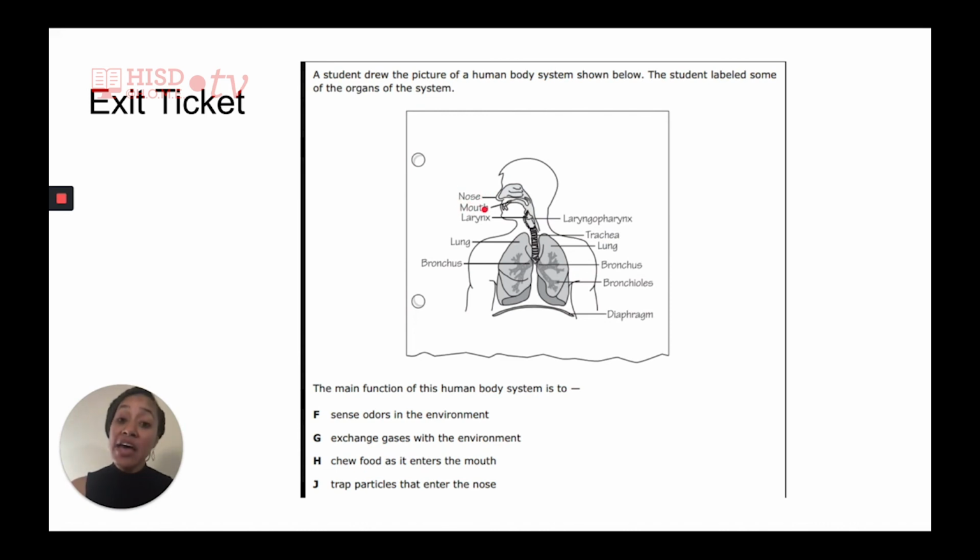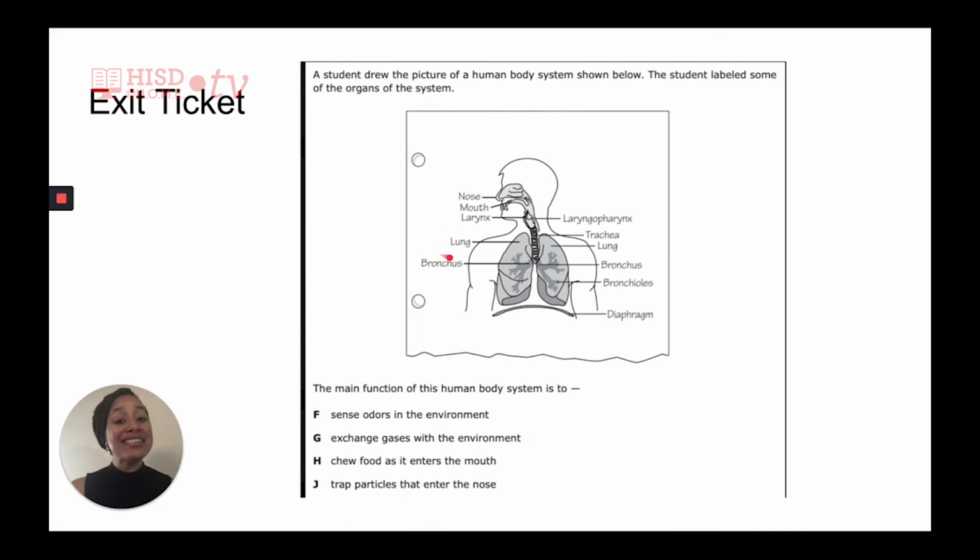So because today we discussed the nose, the mouth, the trachea, and the lungs, which system is this an image of? Is it the respiratory system or the circulatory system? Yes, this is the respiratory system.